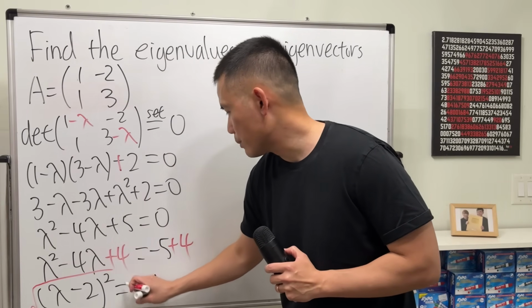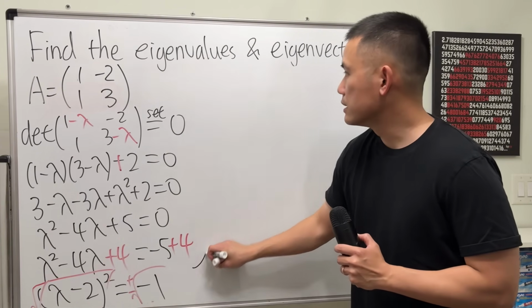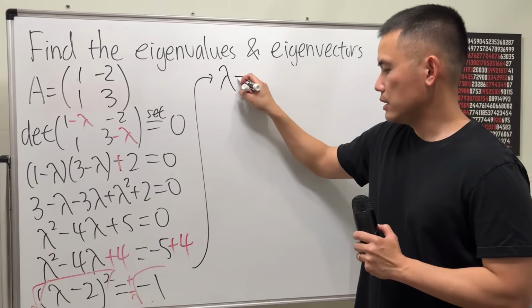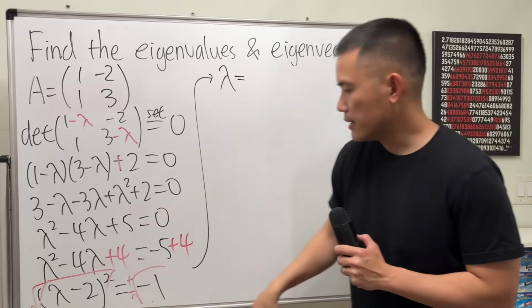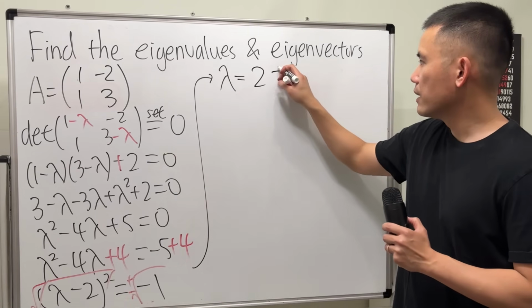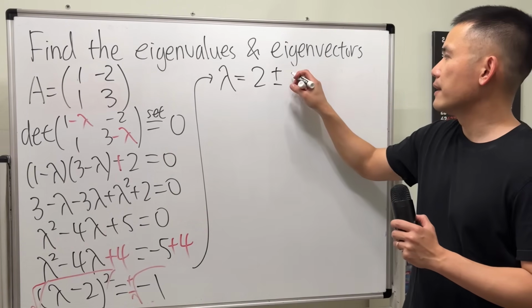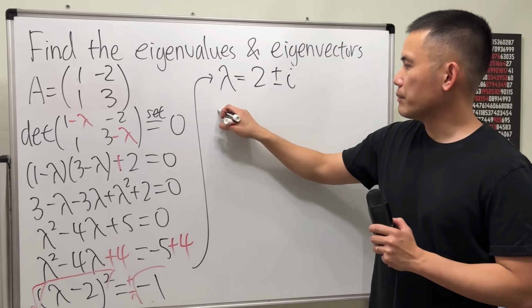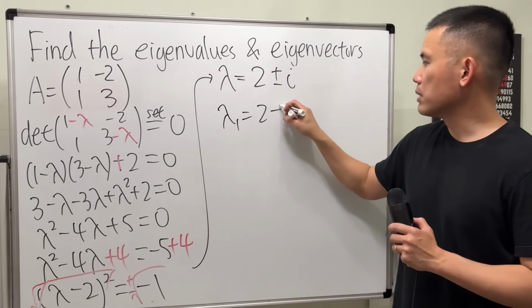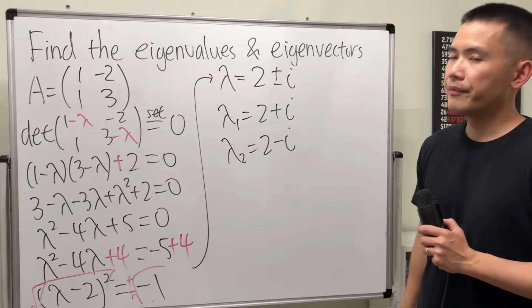Take the square roots of both sides, plus minus. We can see that lambda is equal to, bring the minus 2 to the right hand side, we have 2, and then plus minus the square root of negative 1, which is going to be i. So we have two lambdas. Lambda 1 is 2 plus i, and the other one is 2 minus i.